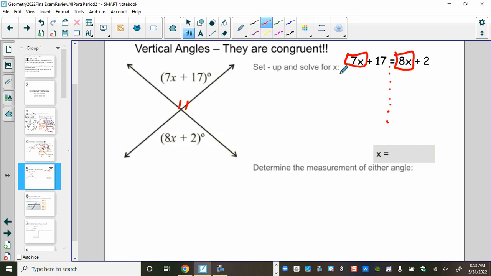I'm confused here. Okay, you're right. 17 equals 1x plus 2. And can you combine these two terms? Do you see an X over here? No, that's gone.